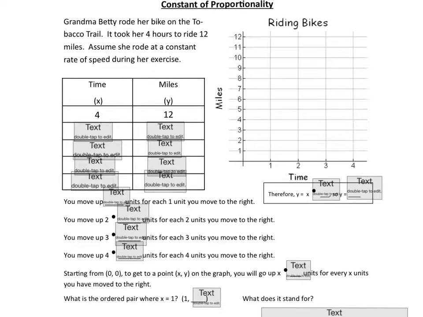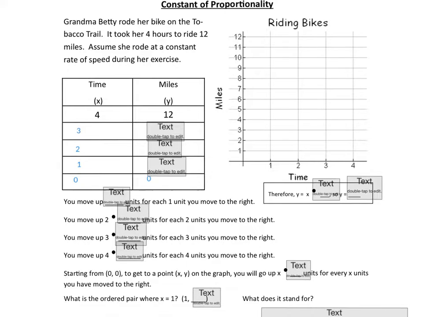Now, let's think of it this way. For time, we're going to count backwards in hour-long increments. 3 hours, 2 hours, 1 hour, and then 0 hours. Now, if she's been riding 0 hours, logically it makes sense to say she's gone 0 miles.